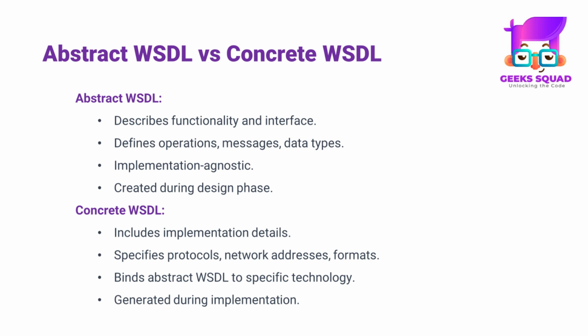Abstract WSDL defines the operations, messages, data types, and the structure of the communication between client and server. Concrete WSDL essentially binds the abstract WSDL to the specific technology stack and the development environment, whereas abstract WSDL is typically created during the design phase of the web service development process.